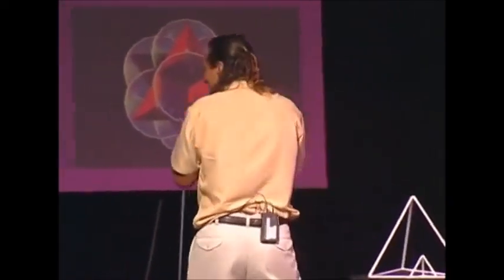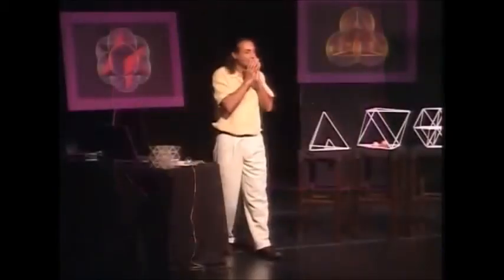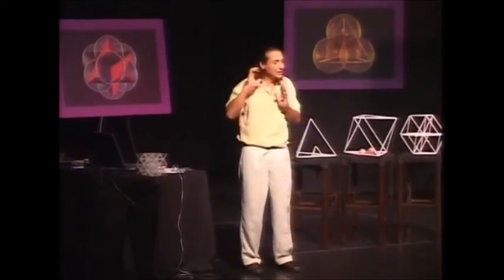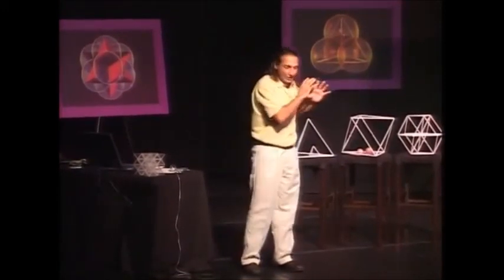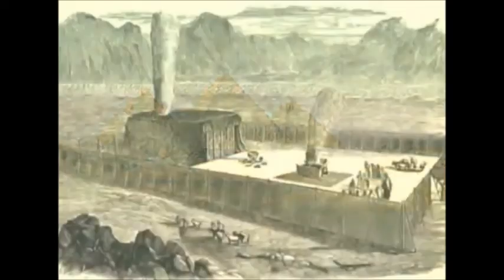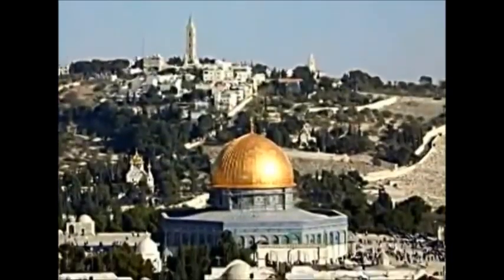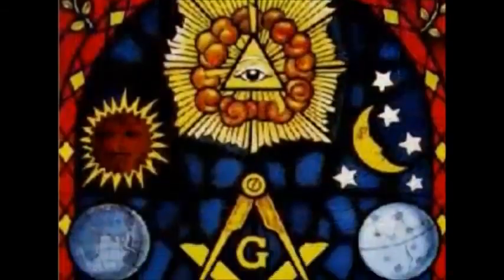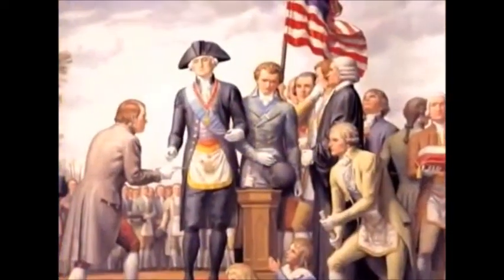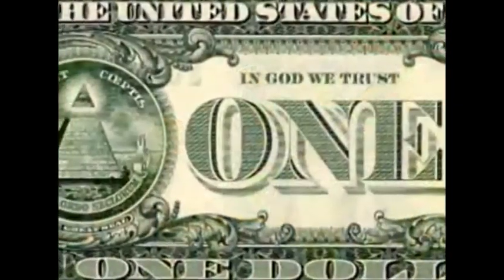And so I continued to study, and something opened up. There's a whole set of information that opened up that we are not going to be able to go through tonight. We're going to go through some, but that leads from the Egyptian to the Hebrews, to the Muslim, to the Templars, to the Middle Age, to modern age, to America, and right to the $1 bill.